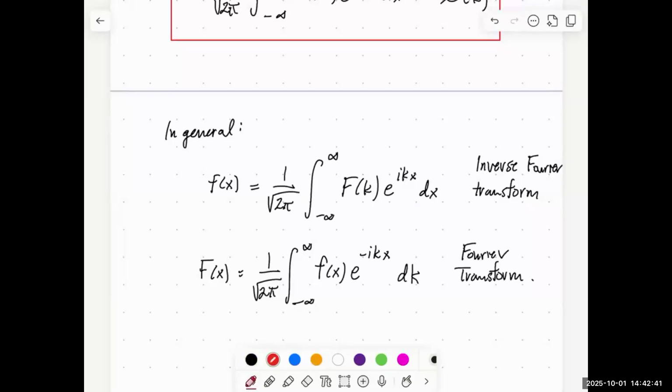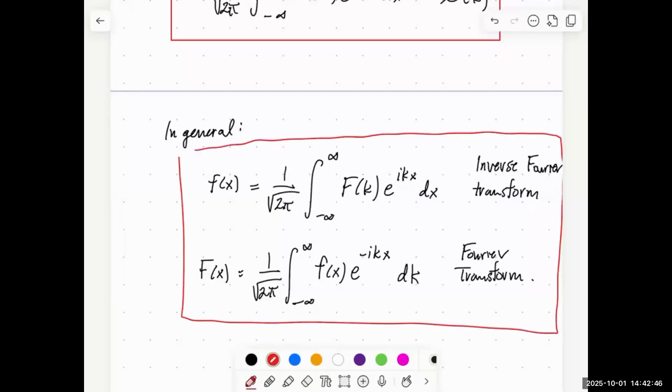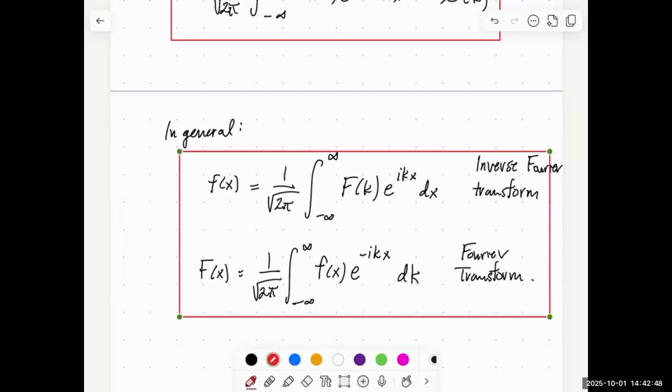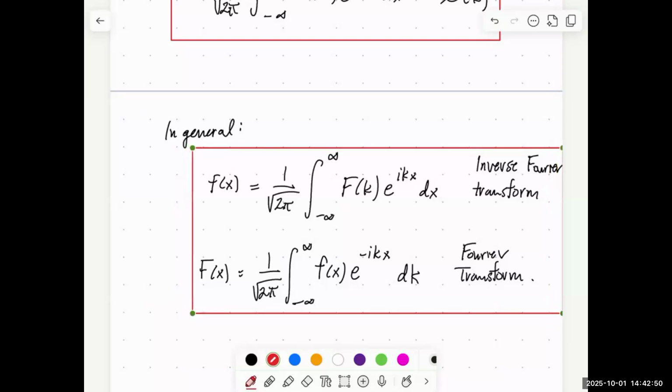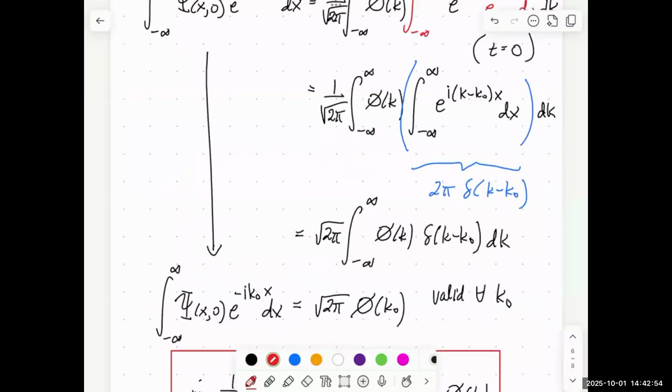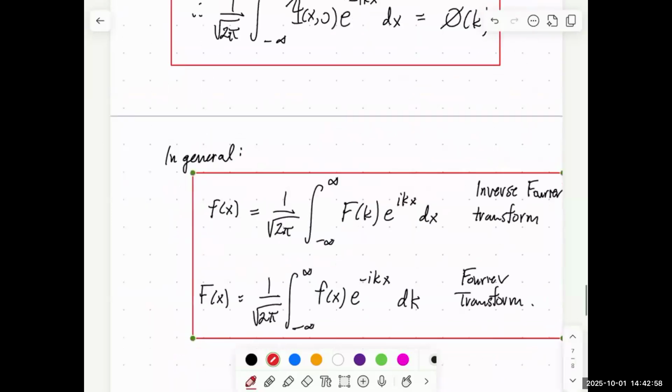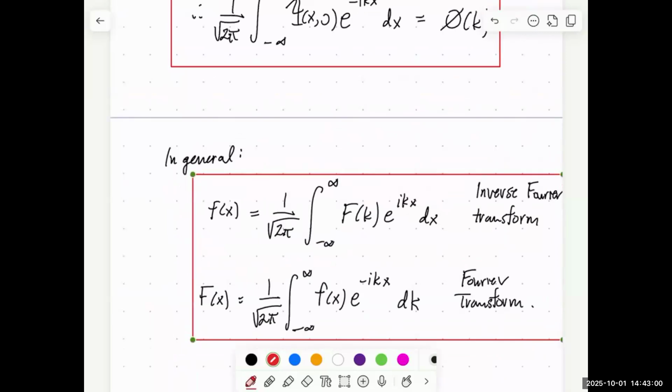And what I'd like to do is first justify this step where we replaced this with the delta function. And then I would like to look at some properties of these Fourier relationships.